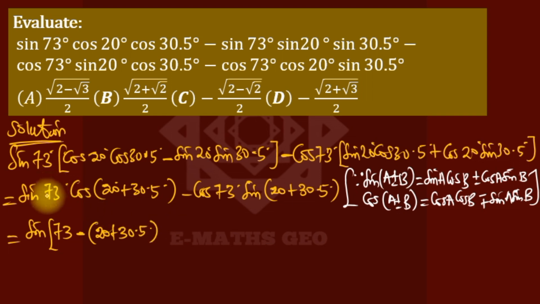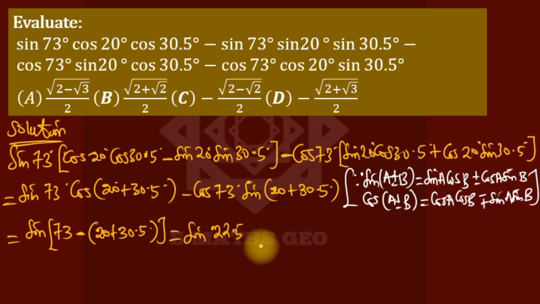So our A is 73, and B is this 20 plus 30.5. And you see that this is 73 minus 50.5, which is 22.5. So this will reduce to sine 22.5.